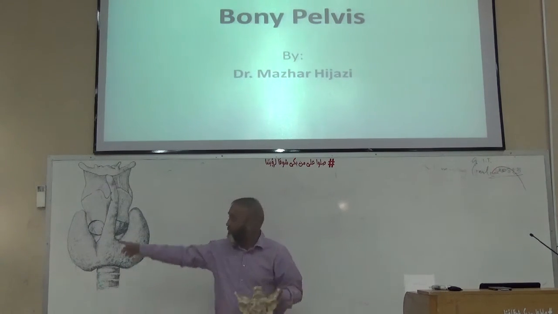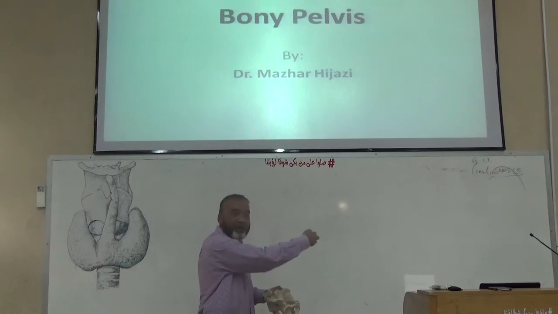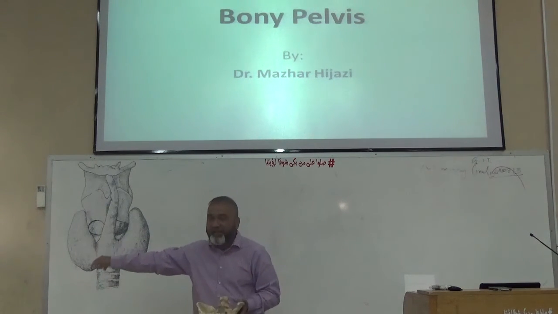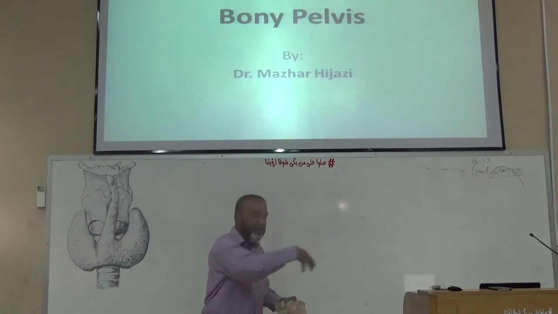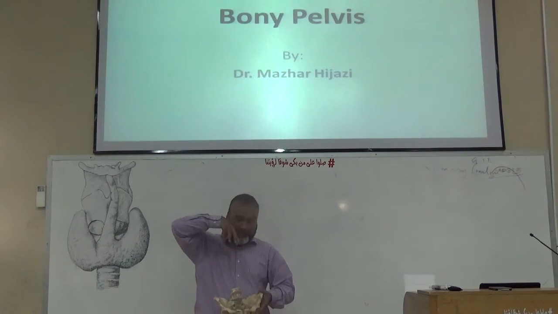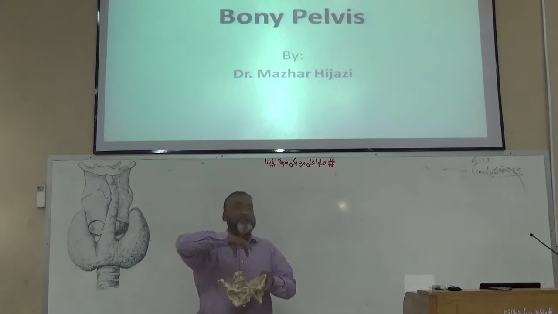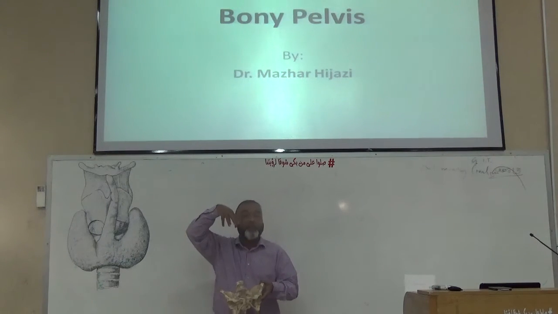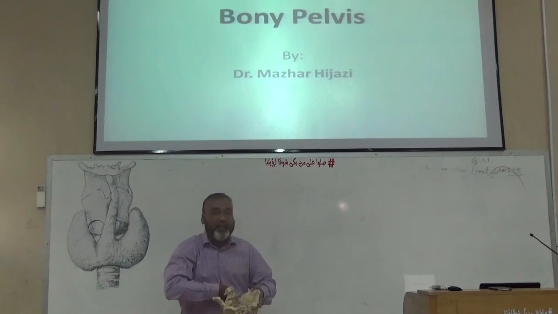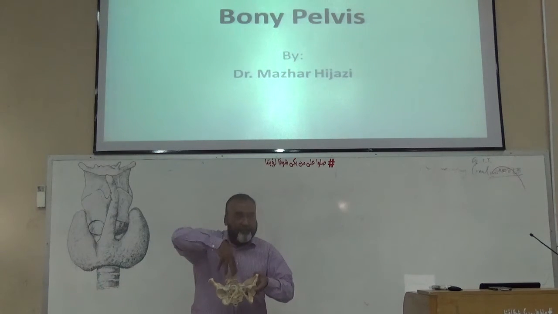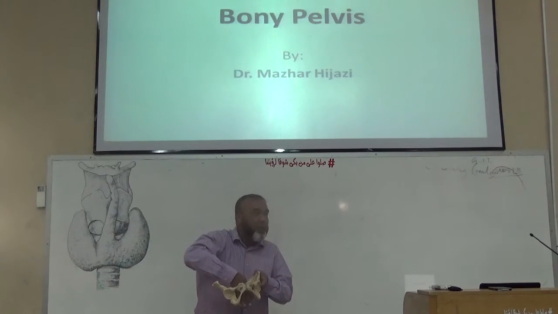Pelvic outlet means you enter from this room and you can go out from here. This will be the inlet and this is the outlet. Basically it is for the development of the baby, which is initially lying in the abdomen and then proceeds into the pelvic cavity.